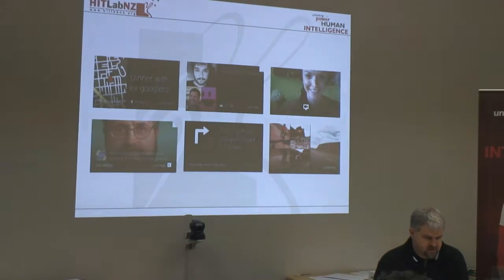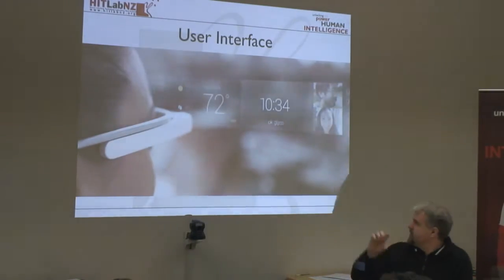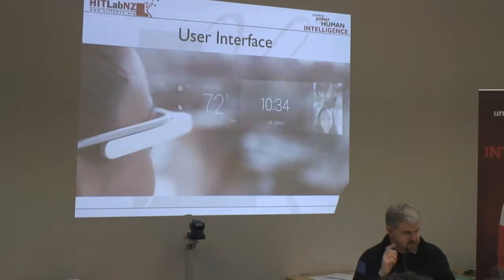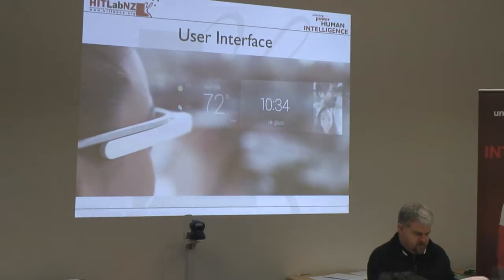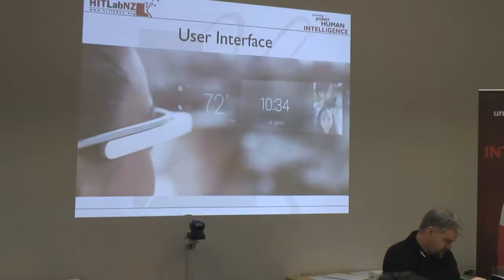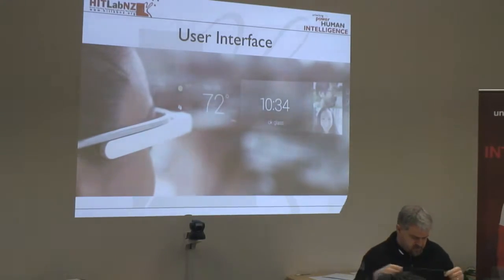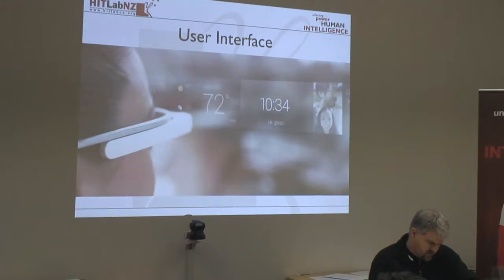The basic user interface metaphor is that you have a strip of cards that appear in front of your eye, and as you touch or swipe with your touch bar, the cards will change. So let me show you a little live demonstration, and then I'll tell you a bit more, then you can try it for yourself as well. It's a little bit difficult to demonstrate Google Glass because the screen is in here and people cannot see what you're seeing.